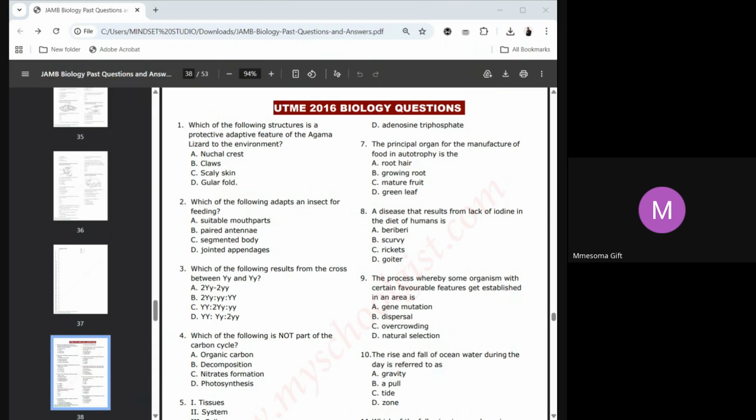Protective, is it claws? It's claws. A gamma lizard. Gifty, it's Kelly's skin. Lillian, are you there? Question 2: what about for insects? Suitable mouth parts.